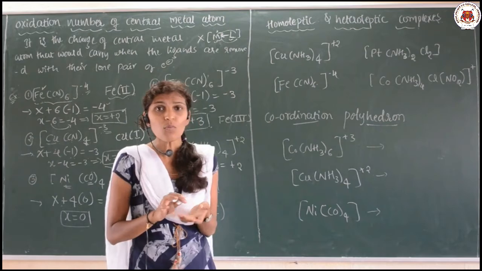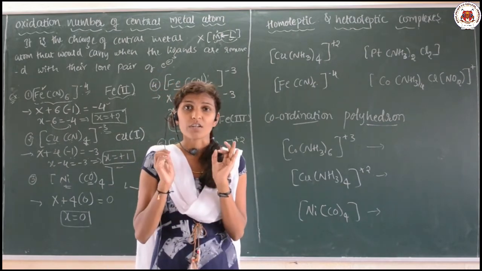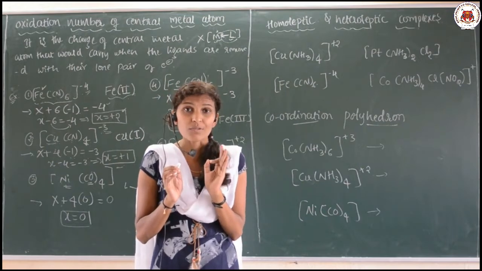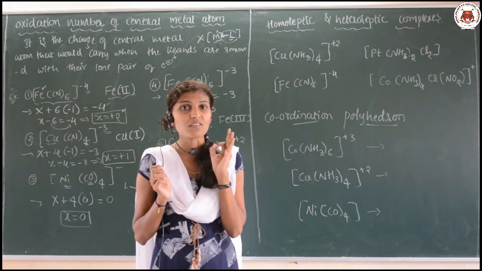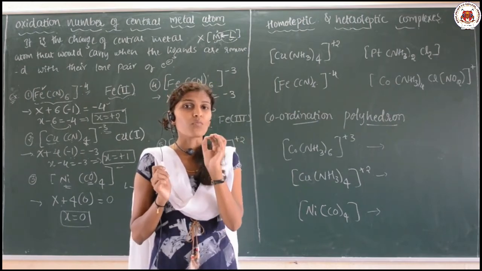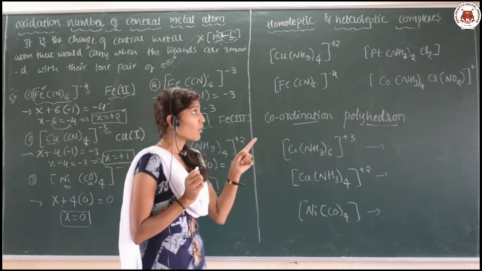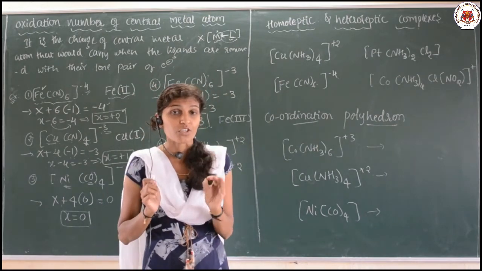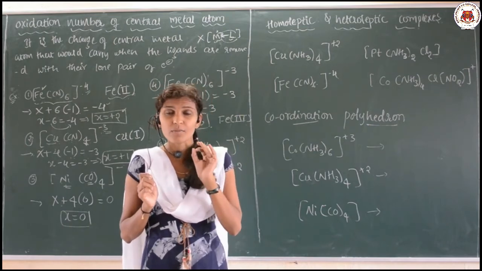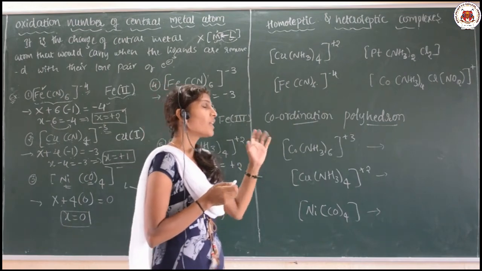Once again, homoleptic complexes are coordination compounds in which the central metal atom or ion is surrounded by only one type of ligand. And heteroleptic complexes are coordination compounds in which the central metal atom is surrounded by two or more different types of ligands.